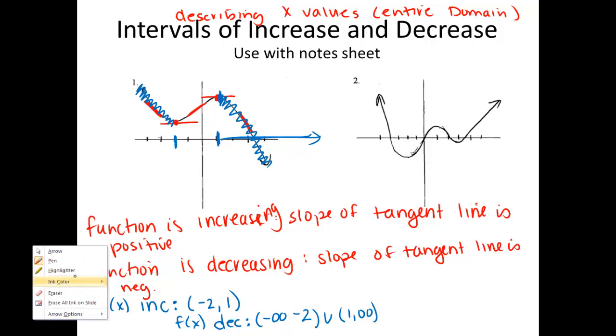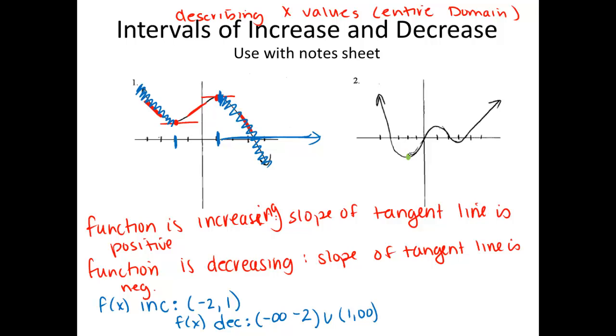Okay, so I'm going to grab another pen color. We can take a look at the second one together, just so we can distinguish my problems. I'm going to again identify where the slope is 0, and that will help me determine where my intervals begin and end. So for number 2, f of x is increasing between -2 and +1, but it's also increasing from +3 to +infinity.